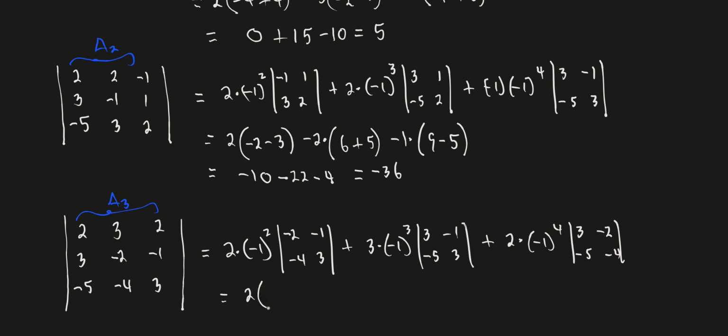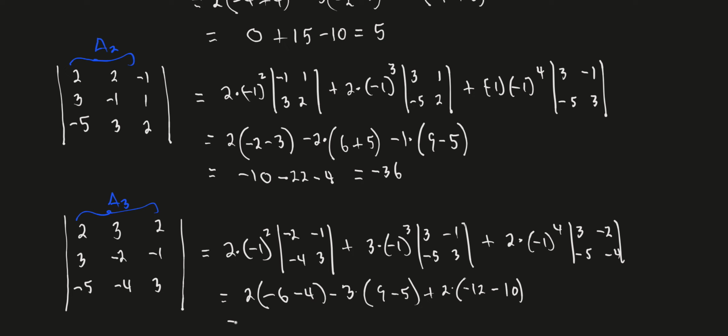All right, so it's 2 times the quantity negative 6 minus 4, minus 3 times the quantity 9 minus 5, and then plus 2 times the quantity negative 12 minus 10.